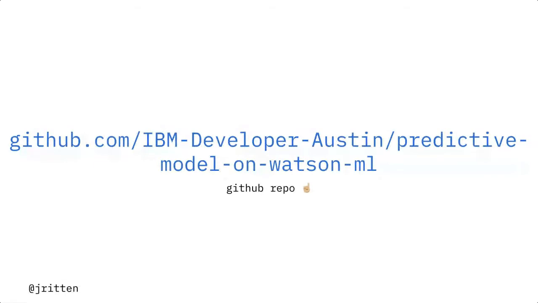When we've finished working through this workshop, you'll be able to understand how to build a predictive model with AutoAI on Cloud Pak for Data. You'll know how to deploy the model locally, as well as to IBM Watson. You'll understand how to deploy the model to the IBM Watson Machine Learning Service to access via REST API.